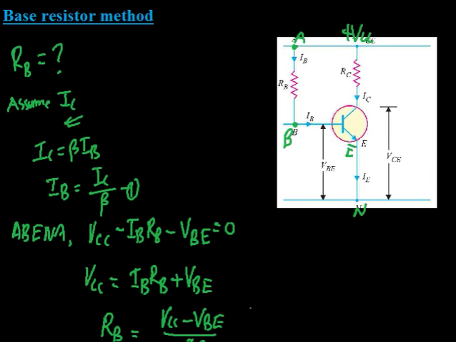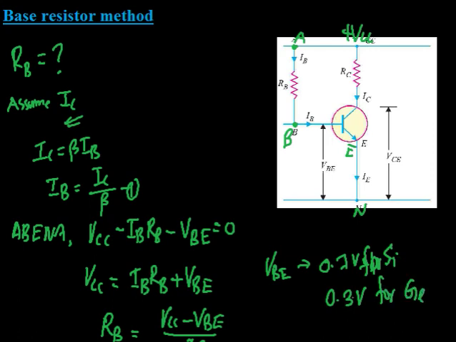We know that VBE is 0.7 volt for silicon and 0.3 volt for germanium, and VCC is known to us.